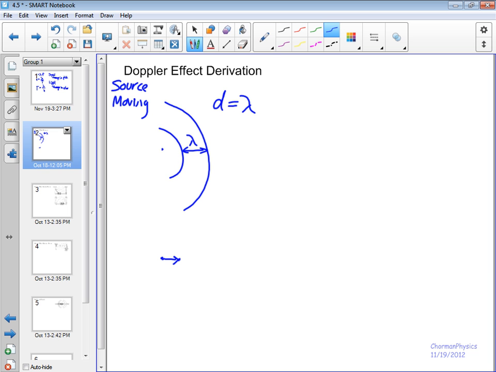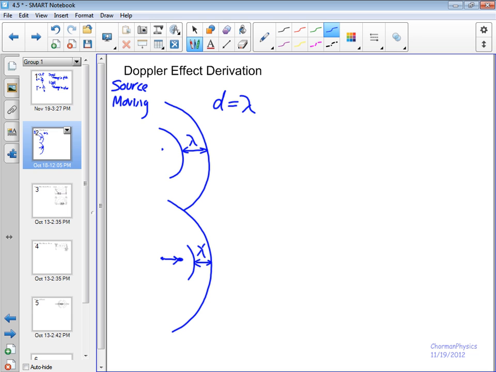But when the source has moved, we still have this first wavefront that it emitted, as in the image above. But what happens is that the next wavefront that's emitted is a little bit closer to it, if the source is moving towards that wavefront. So we now have a new wavelength, we'll call it lambda prime.